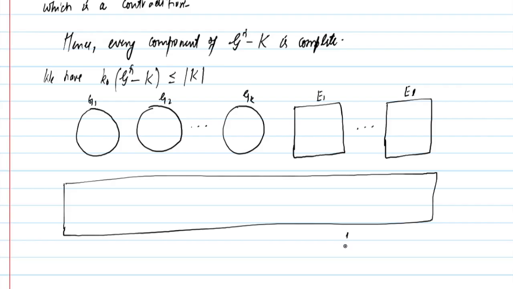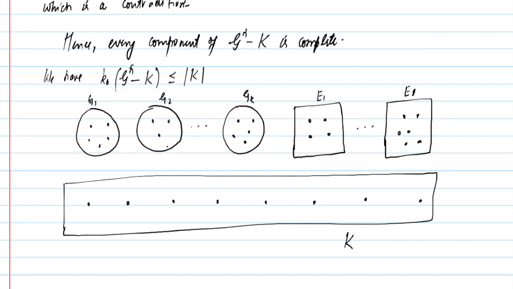This is the whole graph G, and this is the vertex set K, where every vertex in K has degree n minus 1. These are the odd components, which always have an odd number of vertices, and these are the components that have an even number of vertices.